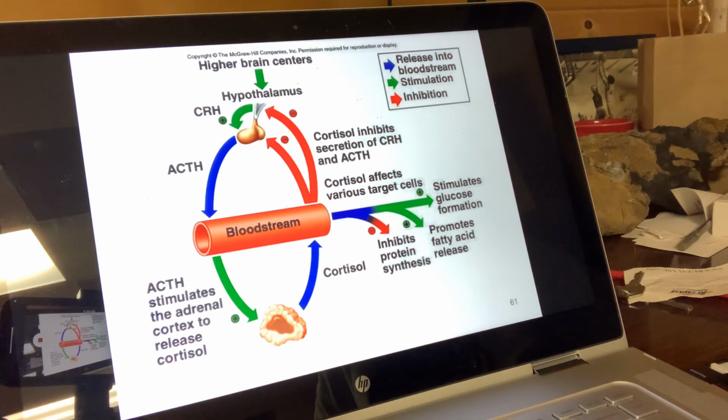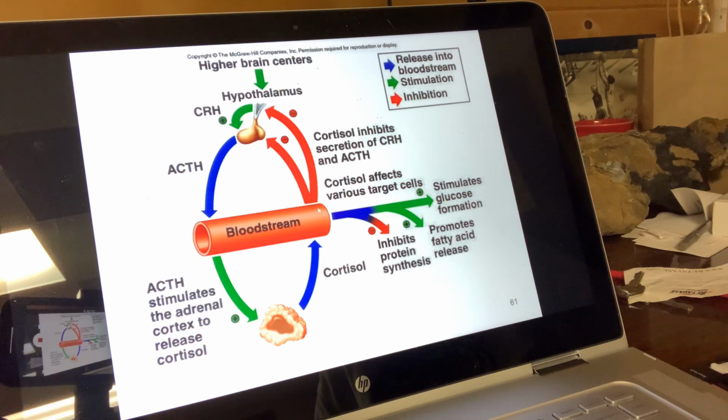It is produced by adrenocorticotropic hormone, which is released from the anterior pituitary gland on stimulation from corticotropin releasing hormone from the hypothalamus. So the hypothalamus produces this. It causes ACTH production, which floats through the bloodstream to the adrenal cortex, which then produces cortisol.